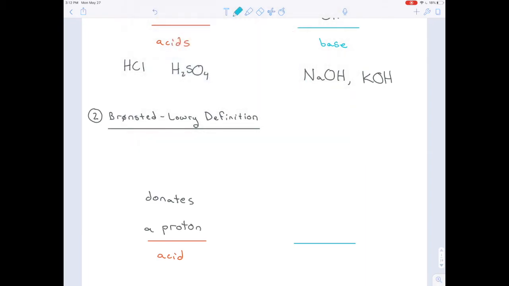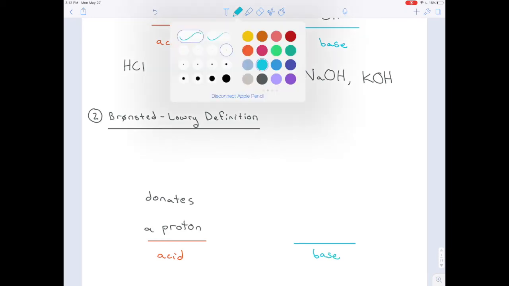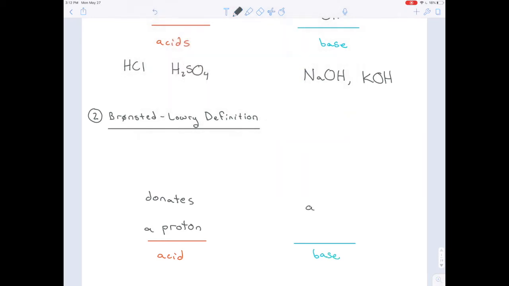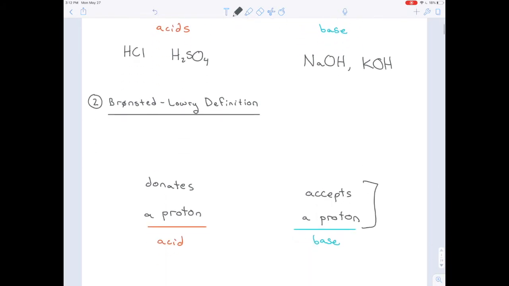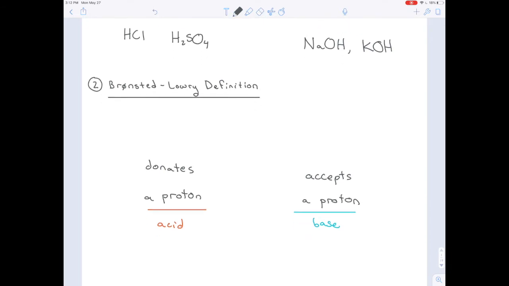And a base was something that, instead of donating an OH, accepts a proton. So notice how this definition is not as specific. We're not dealing with as specific of things, and so it's going to be broader and encompass more molecules. And that was the reason for coming up with the second definition.